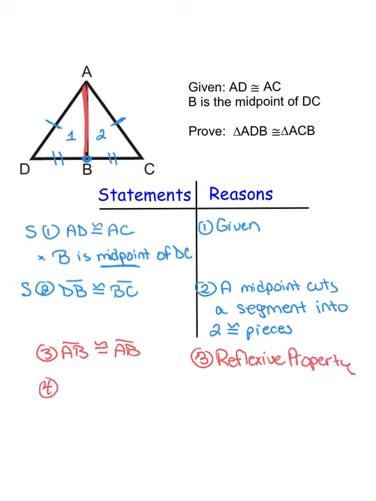And then that gives me a side. If I look at my picture and going down the left side of the proof, I have 3 sides. So that's enough to say that triangle ADB is congruent to triangle ACB. My reason, side, side, side, congruent to side, side, side.